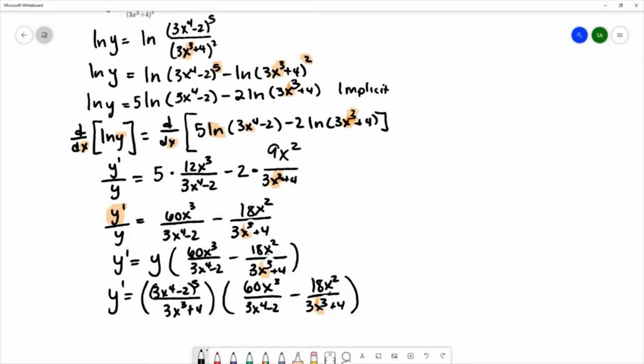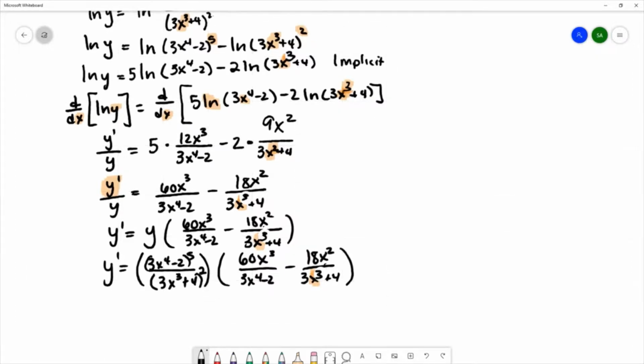Okay, so I can also see that I left off the squared here in the y. So we have 3x cubed plus 4 squared.